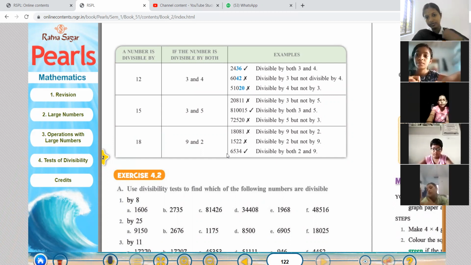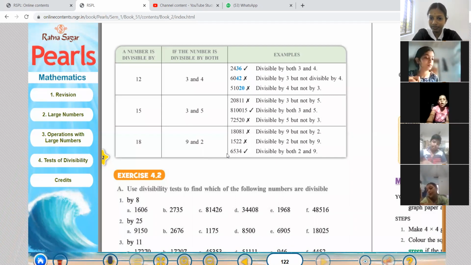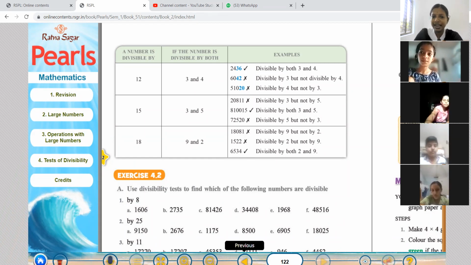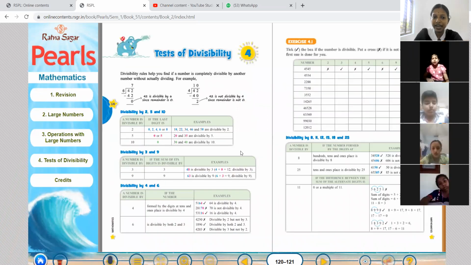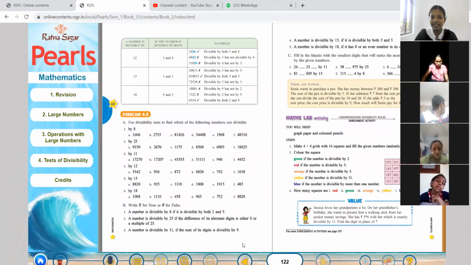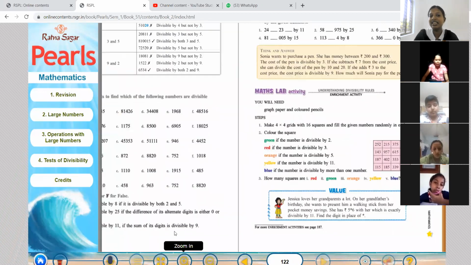Last digit has to be even: if the last digit is 0, 2, 4, 6 or 8, then we can say that the number is divisible by 2. Then what about the divisibility by 9? Look at your previous page, page number 120. A number is divisible by 9 if the sum of its digits is divisible by 9.